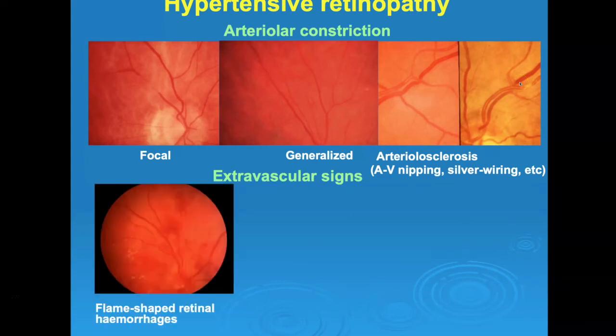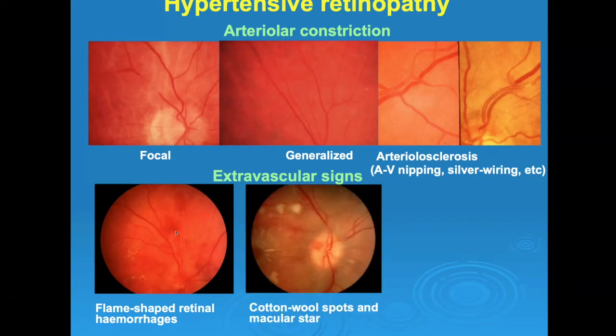Outside of the blood vessels themselves, you can get flame hemorrhages, which look a bit like diabetic retinopathy, and so you shouldn't leap to one diagnosis or the other without testing both the blood glucose and the blood pressure if you see retinal hemorrhages. Similarly, if you see hard exudates at the macula and cotton wool spots representing ischemia of the retinal ganglion cells, that can also look like diabetic retinopathy.